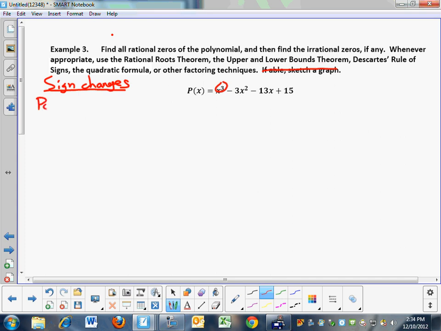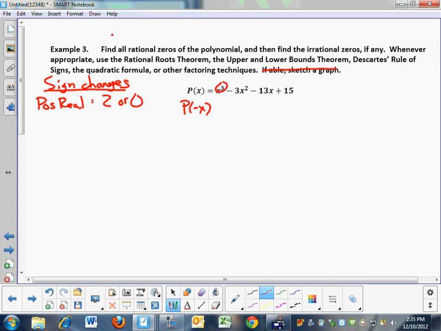So, how many positive real solutions could there be? 2 or 0. Less by a factor of 2. Now let's identify p of negative x.